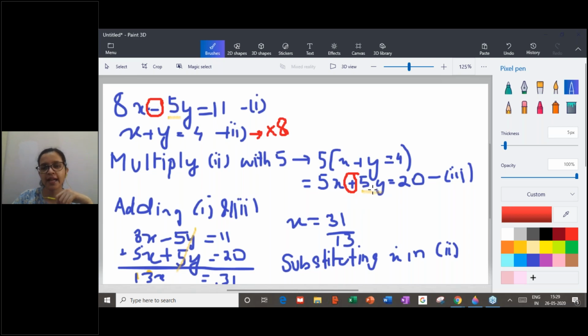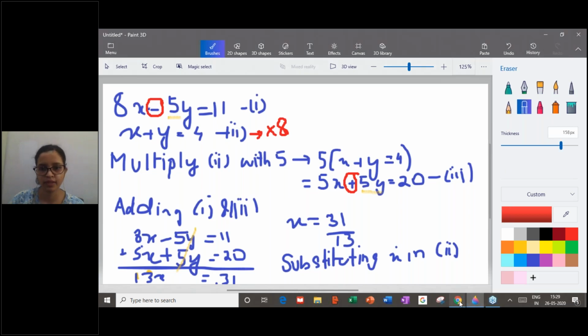So you just add the two because of the sign change. When you just add the two equations, it will automatically get eliminated. You don't need to multiply with minus 5 or anything. That's why you just multiply with the number, check for the sign later. We'll do a few more questions on this so you get comfortable with this.